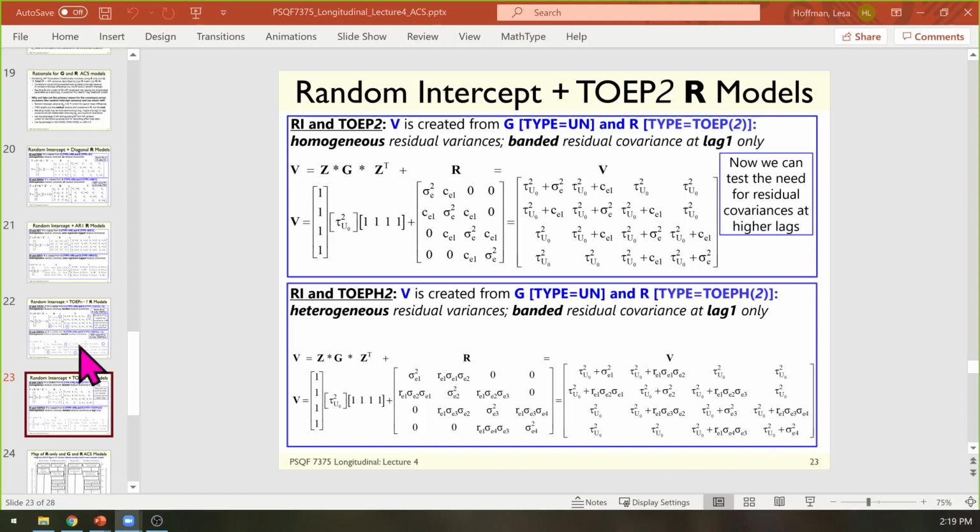This is coming from the homework, but could you have a random intercept that is 0 and then the R matrix diagonals would equal the V matrix diagonals? Yes, that is theoretically possible, but very unlikely. I'm asking that because of the homework.